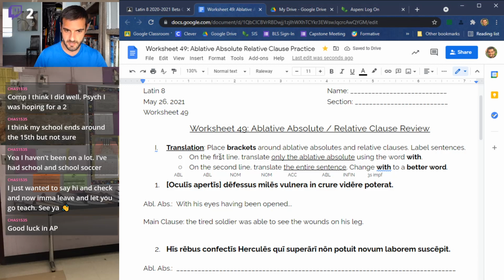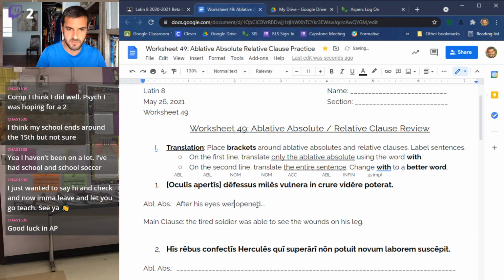The last thing that the directions tell me to do is to change the word with to something better. So instead of with his eyes having been opened, the tired soldier was able to see the wounds on his leg, I would say probably after his eyes.